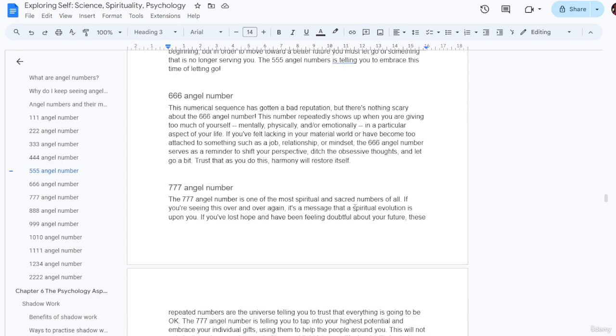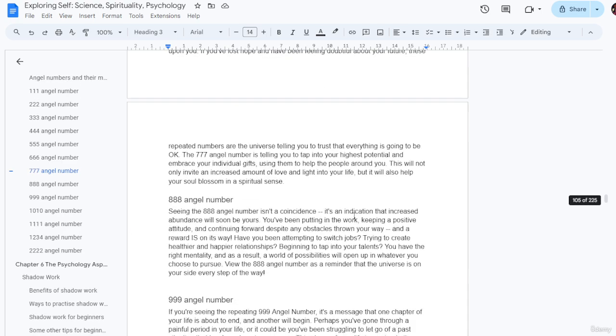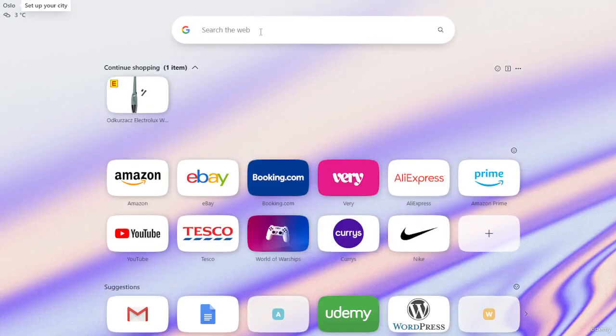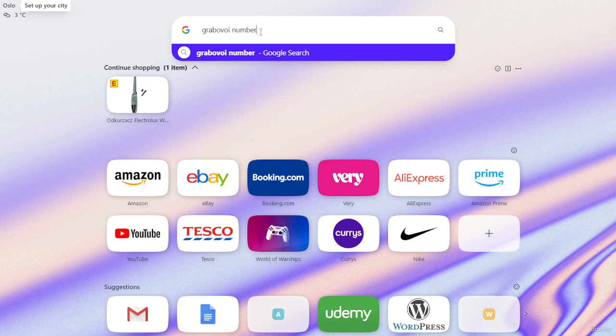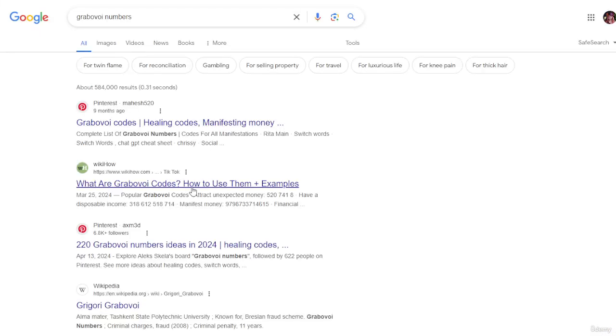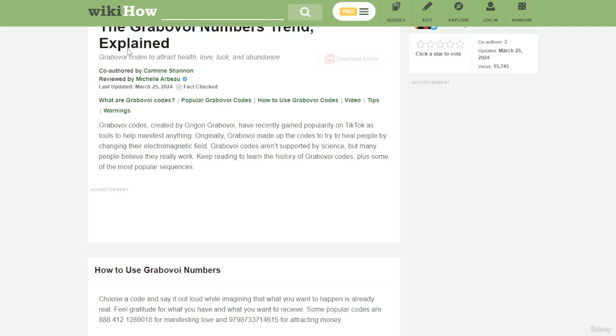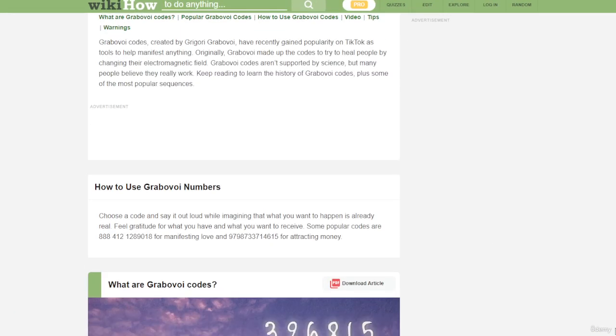With the numbers also, there's been a whole lot of ideas posted on websites which resonated with people, kind of cracking your brain matrix, so to put it. Some of you might have seen Grabovoi codes and numbers, the things that sometimes attract people.